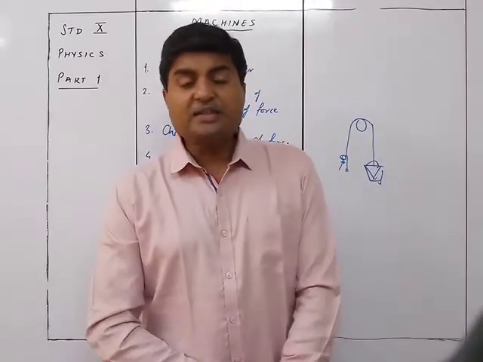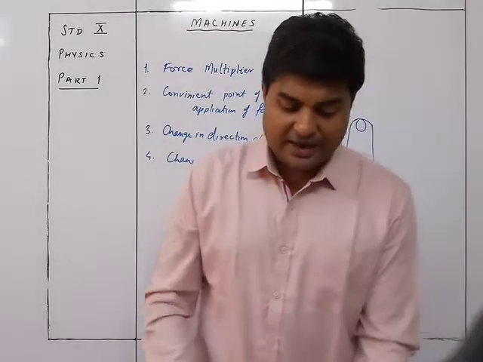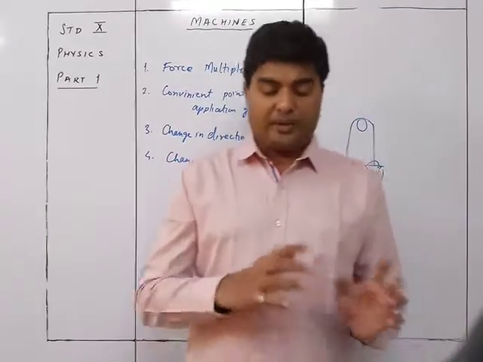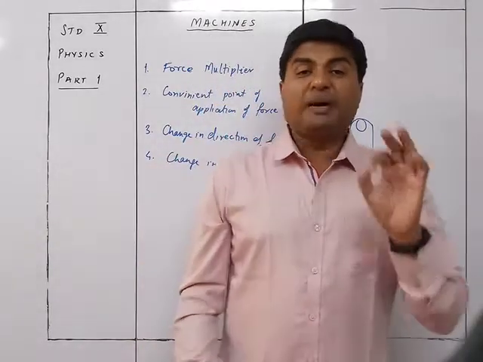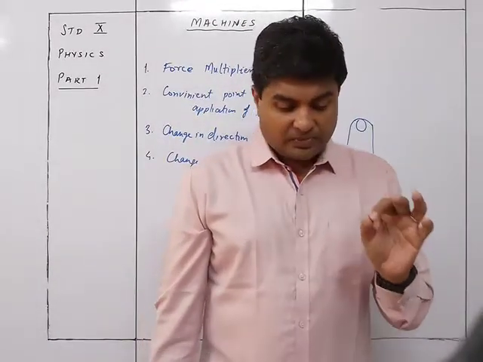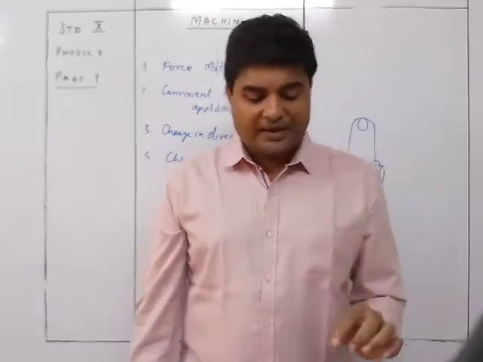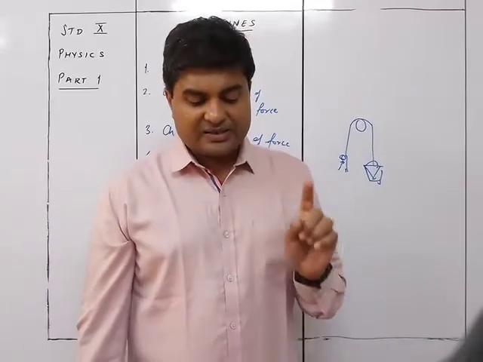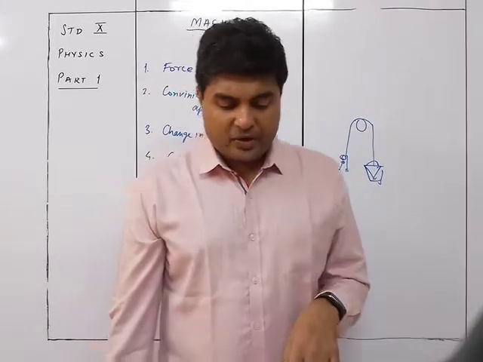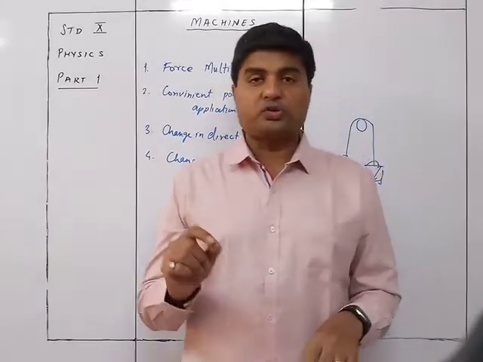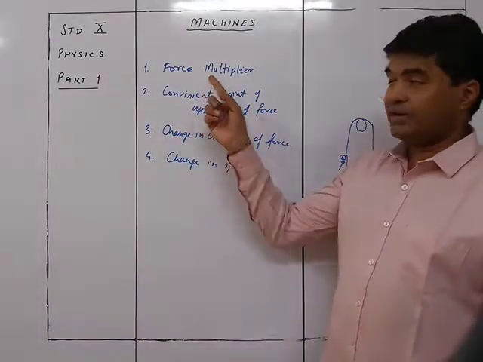So accordingly, we define a machine as below. Based on this we are defining a machine. A machine is a device by which we can either overcome a large resistive force or load at some point by applying a small force or effort. That is the first point. That is a force multiplier.